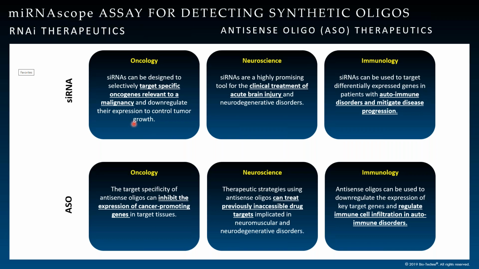And these include several pathological conditions in oncology research, neuroscience, and autoimmune disorders. For siRNA-based therapies, there are a lot of therapeutic strategies that have been developed to treat cancer, especially targeting oncogenes that promote malignant transformation or cancer progression.